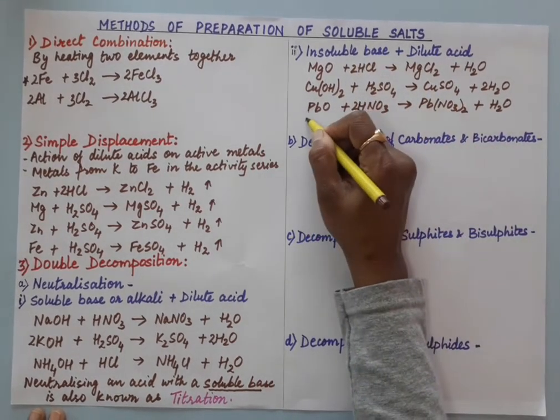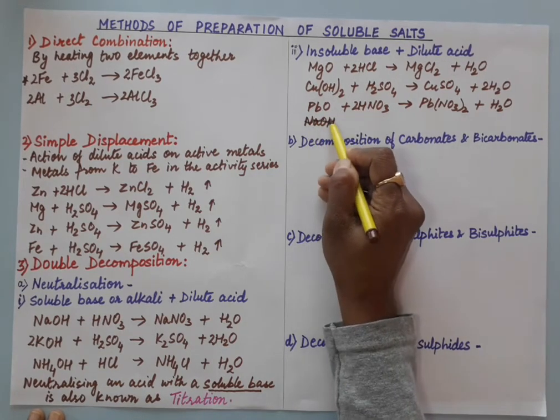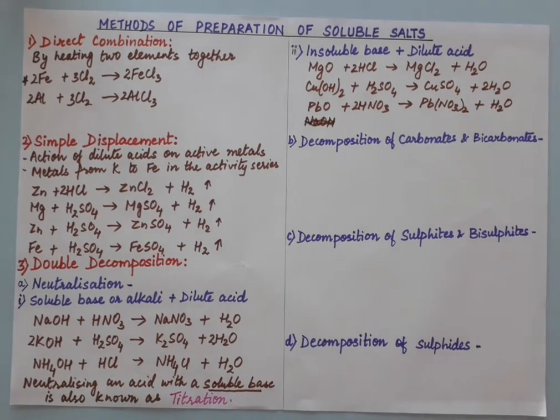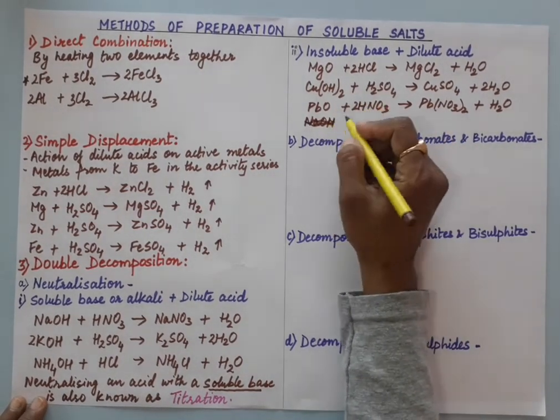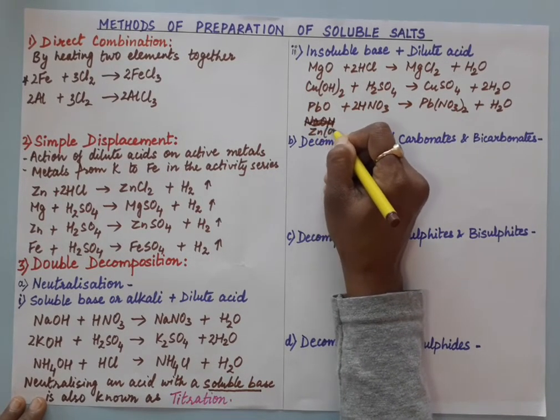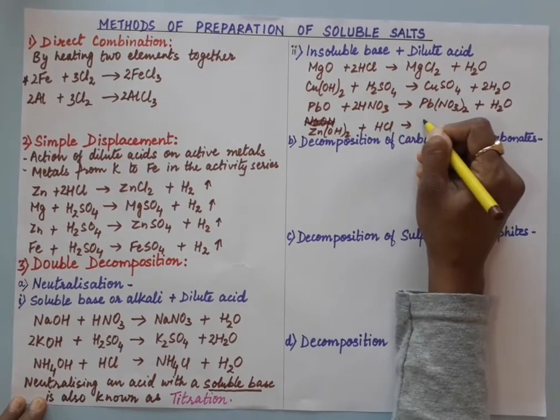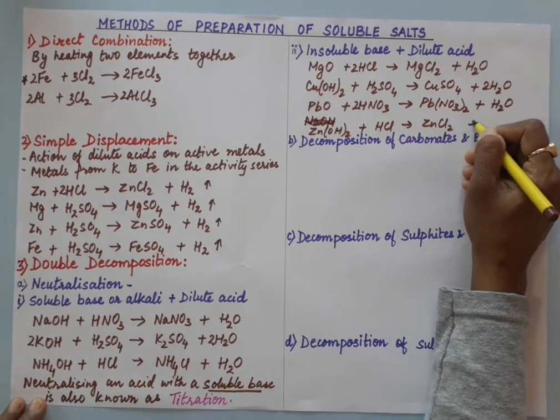You can take the most common reaction, base plus acid, like sodium hydroxide, which we have already taken. Here we are taking insoluble bases, right? So instead of this we can take any one which is insoluble. Zinc hydroxide plus HCl gives you ZnCl2 plus water.